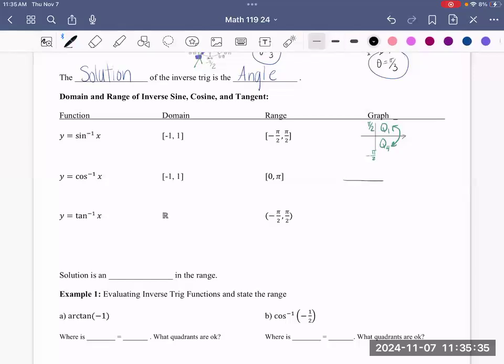Your cosine, it's saying that your range, and again, we're interested in your range here.